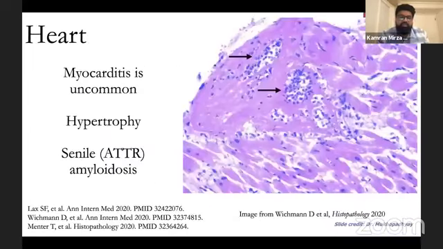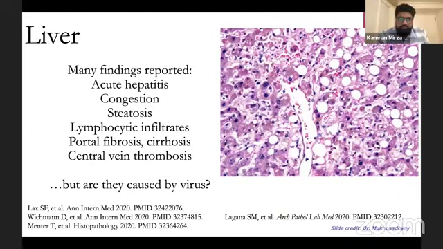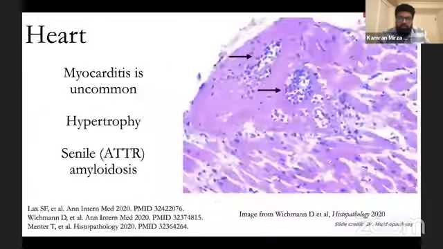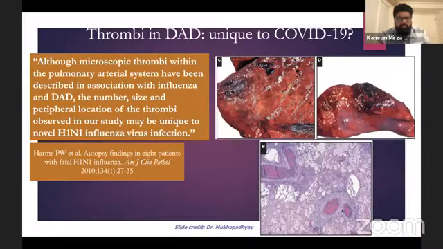The kidneys, the heart and the liver have been studied. Nobody's really truly looked at the pancreas, to be honest with you. There was one other slide that I can't find right now, but basically it was talking about the fact that the kidney was not as bad when you looked at IHC. But I can't recall any study specifically talking about the pancreas, but it would be very interesting to look at. So the pancreas and the brain both.